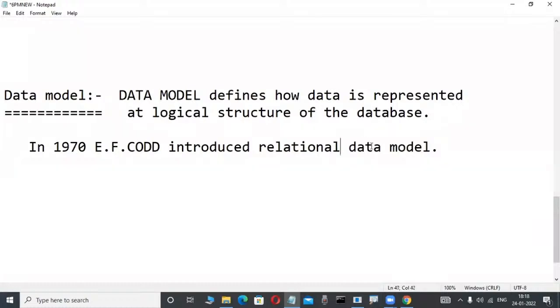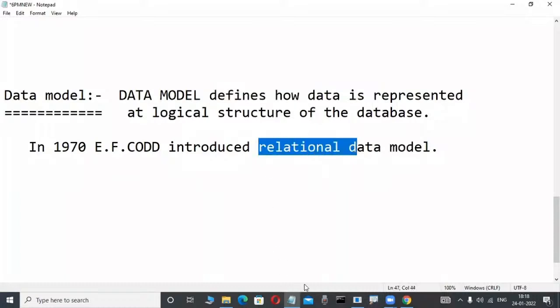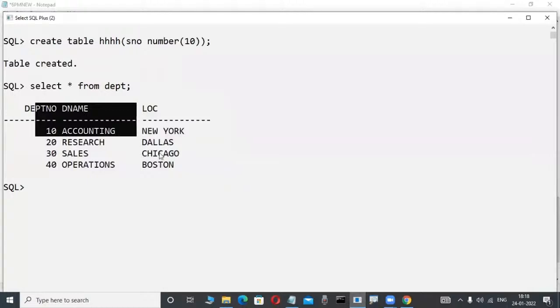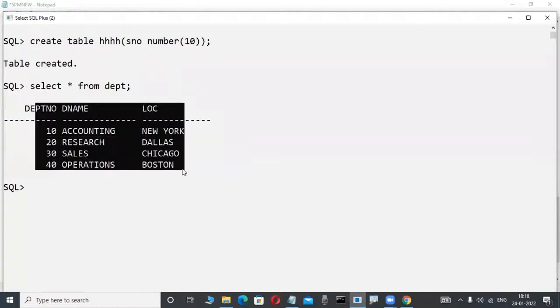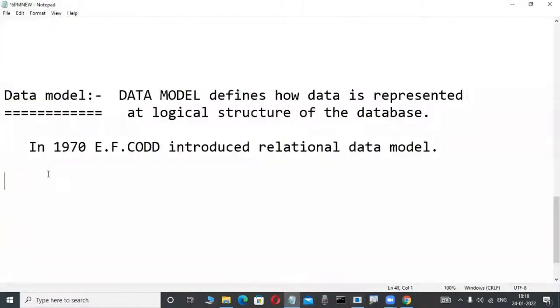So in 1970, E. F. Codd introduced the relational data model. Relational data model means what? What is the logic in a logical structure? How data is represented? Yes, relational data model means in a logical structure, which is not visible in the operating system, data is represented in the format of rows and columns. That is nothing but two-dimensional tables.